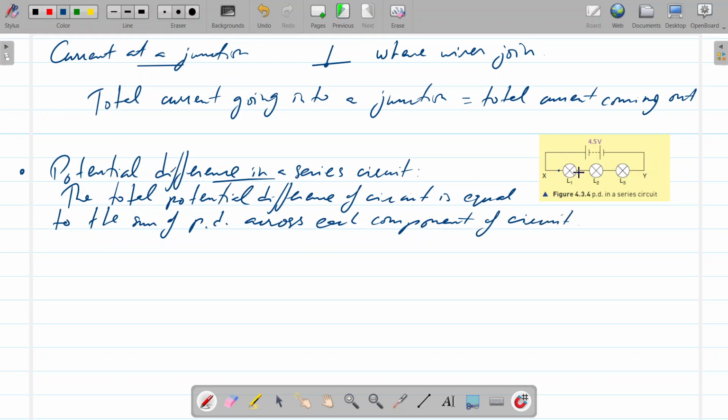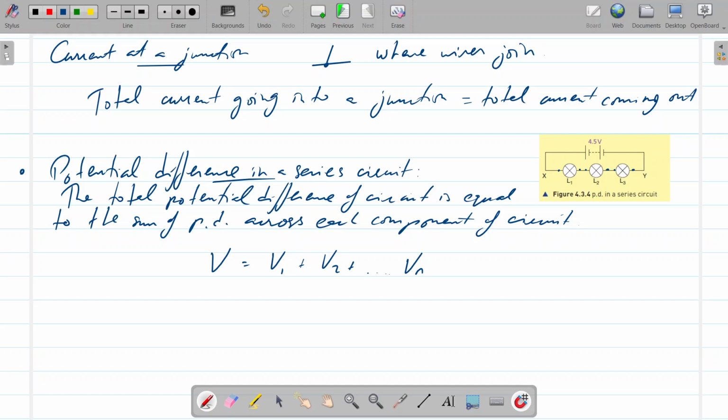So whatever potential difference is across the first lamp, and then the second lamp, and then the third lamp. And so the total V equals V1 plus V2 plus however many components, in this case 3, Vn. In this case it's 3 because you've got 3 lamps.